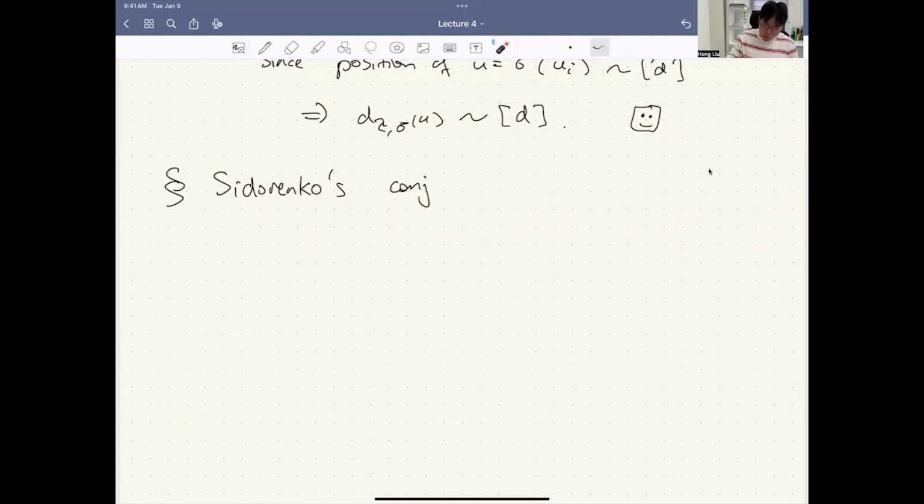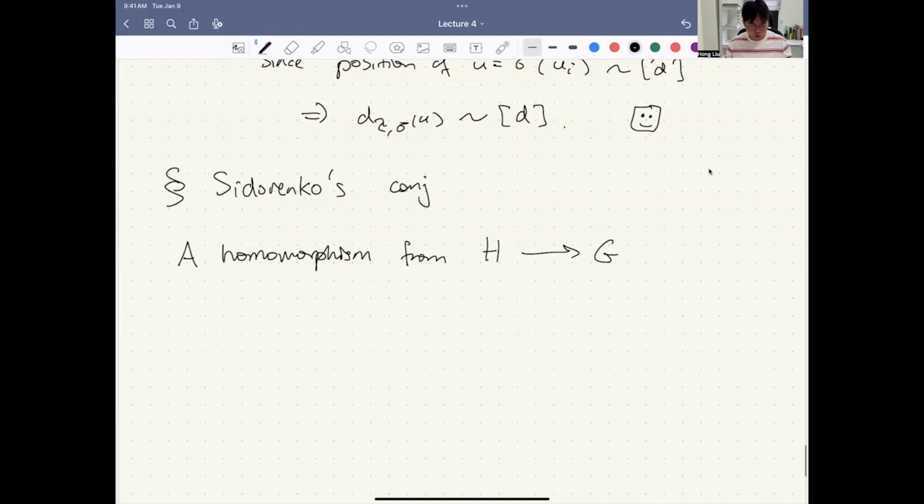A homomorphism from a graph H to a graph G is a map from the vertex set of H to the vertex set of G that preserves adjacencies.